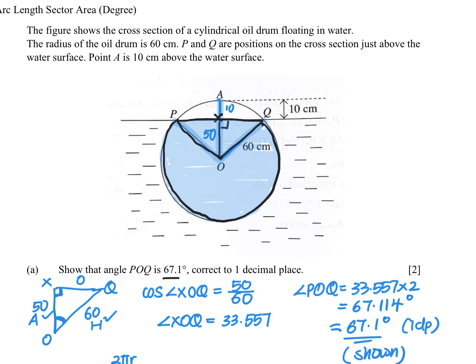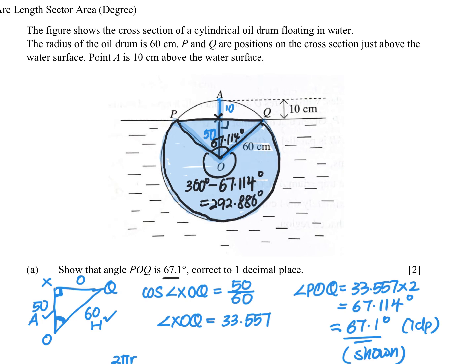But now I know that this angle over here is 67.114. Is this the angle that I will need to use? If I want to find the major sector, that means the first step is I need to find this full angle. So this angle is 360 degrees minus 67.114 degrees, which gives me 292.886 degrees.